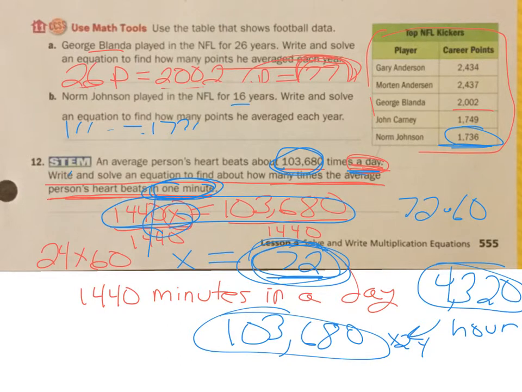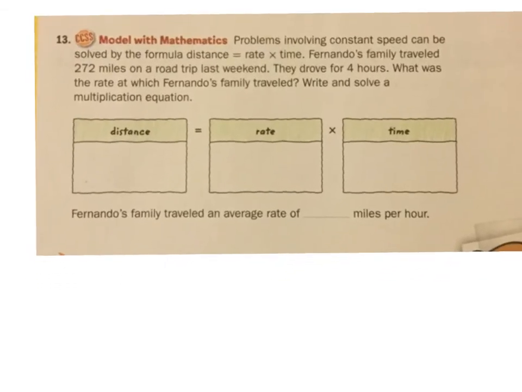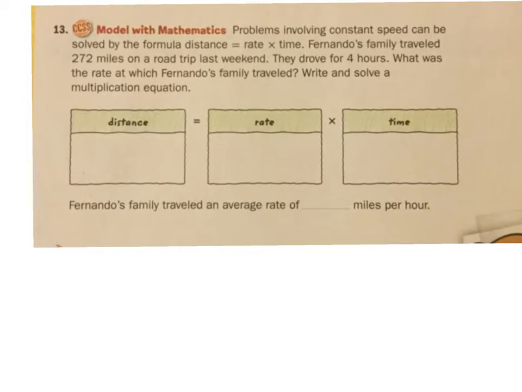Okay, let's go on to the next. This problem is not quite as difficult. It's given us a nice chart. So we read it. Problems involving constant speed can be solved by a formula. Distance equals rate times time. Distance is how far we go, rate is how fast you're going, and time is how long it took. Fernando's family traveled 272 miles on a road trip.